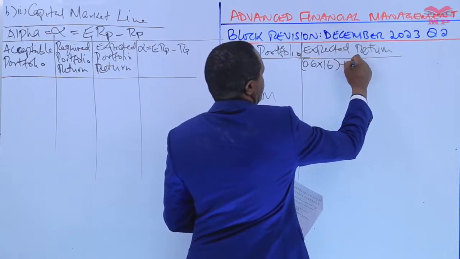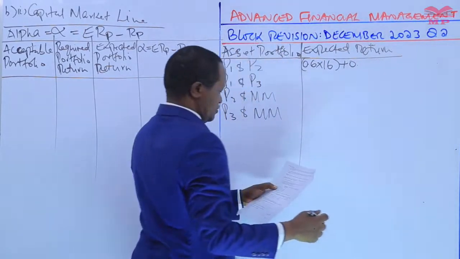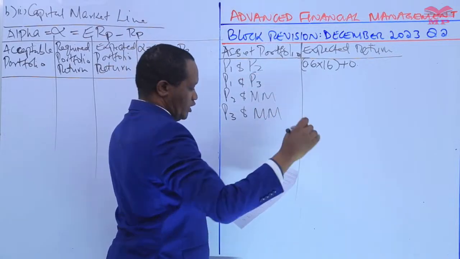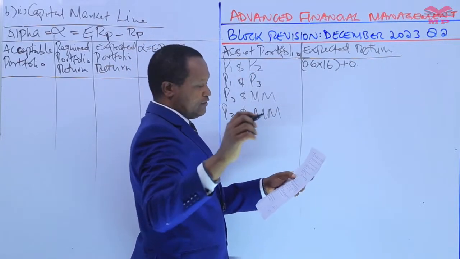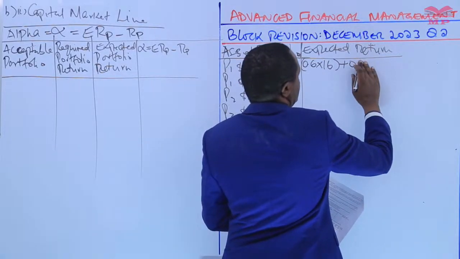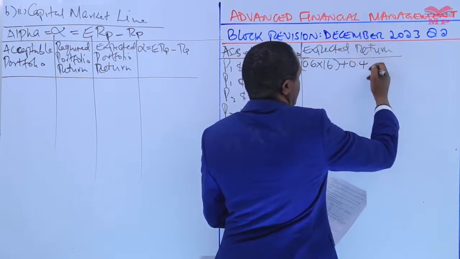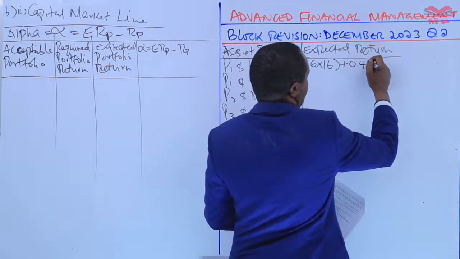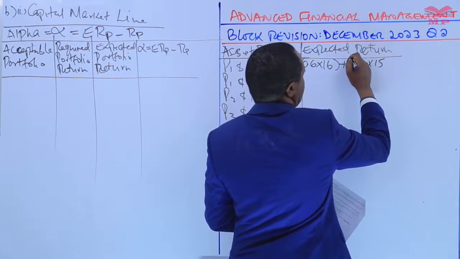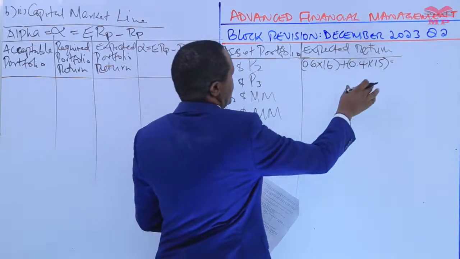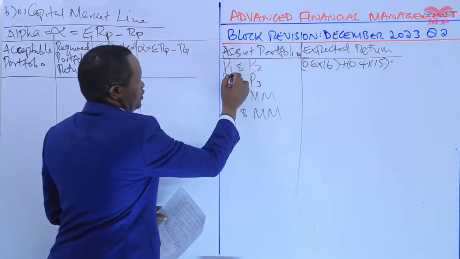We add the weight for project 2, which will be 2 over 5, which is 0.4, times the forecasted rate of return for project 2, 15%. That will give us the expected return for the portfolio.